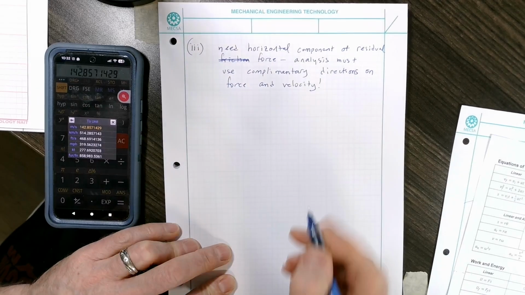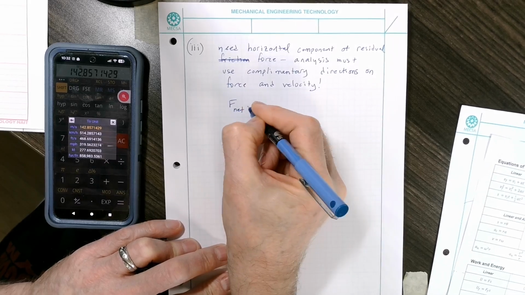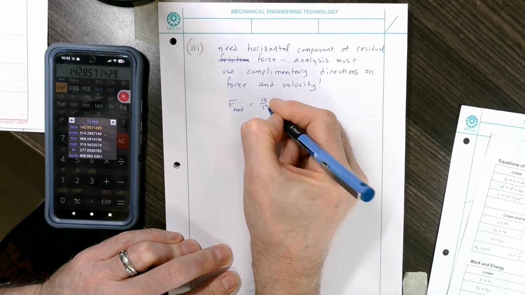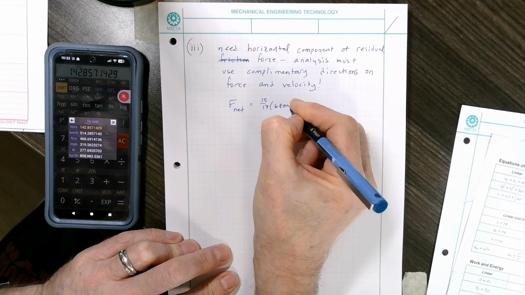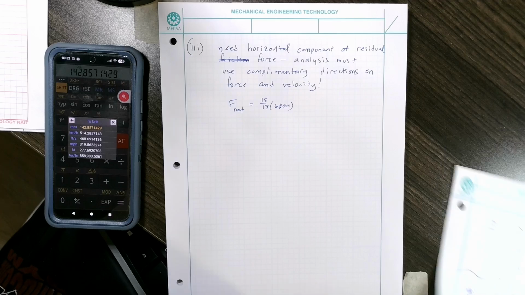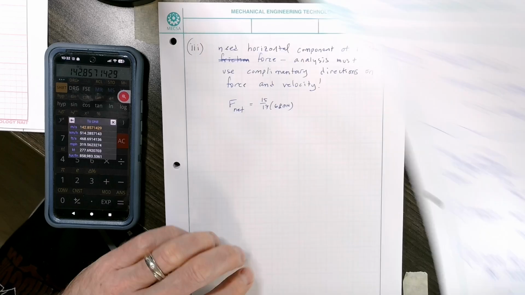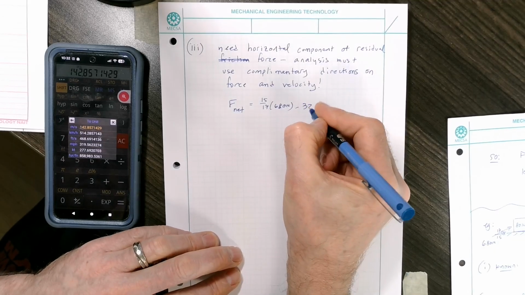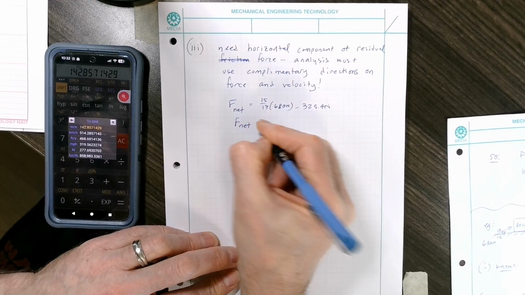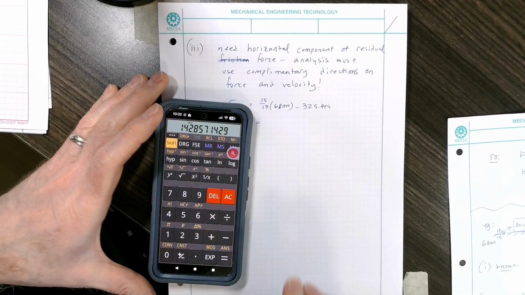All right. So F net, I'll call it, is 15/17 of 680 newtons. That's the horizontal component of the applied force, right? That's the horizontal component of that. Of course, minus 325.4. And the net force available to create acceleration, which is really the cornerstone of kinetics.